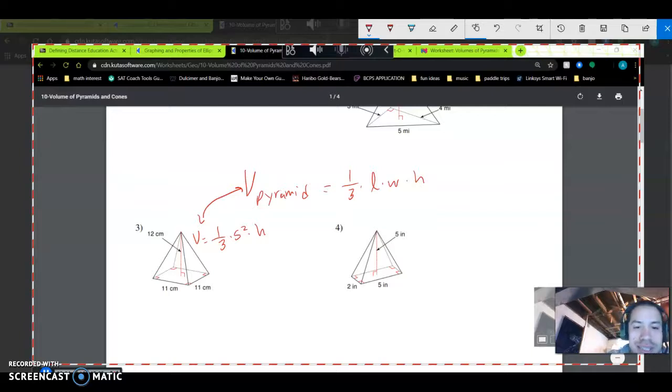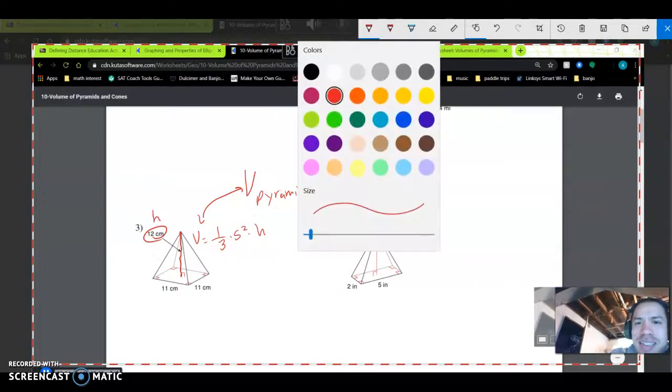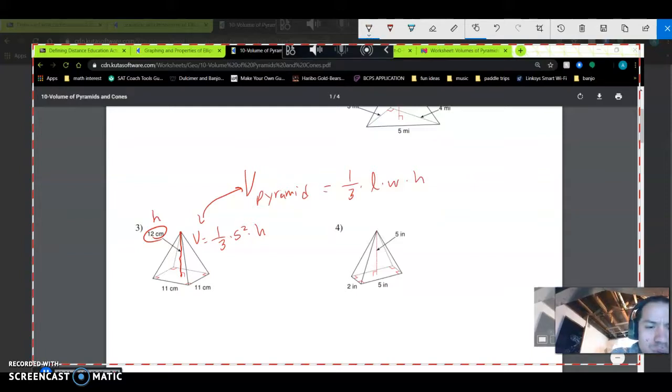In this case, notice the 11's in here. I'll even substitute it in for you. Let's label our pieces first. Let's find our height. The height from the base to the point is 12. Again, just like I said in the last example, the length and the width are arbitrary, right?